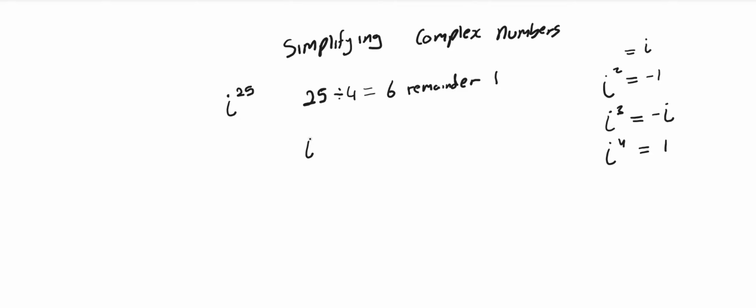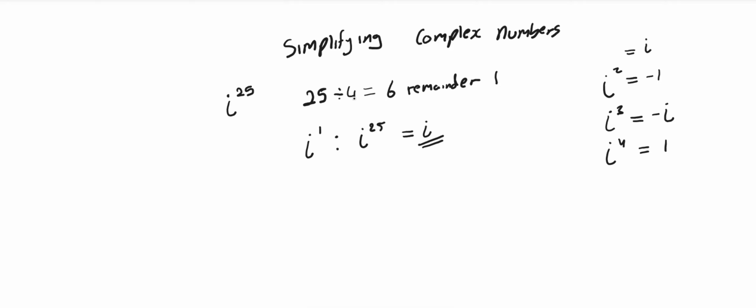Okay, so i to the 1 is what's remaining from i to the 25 because we divided that by 4. And we know that i to the 1 is just equal to i. So that would be the answer.